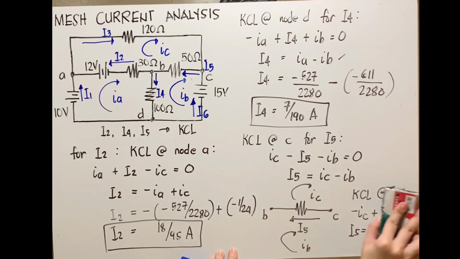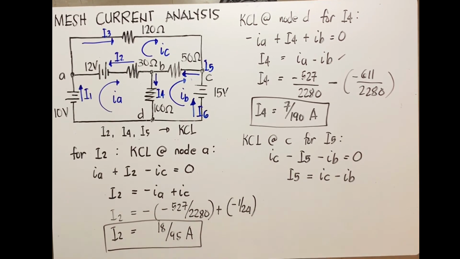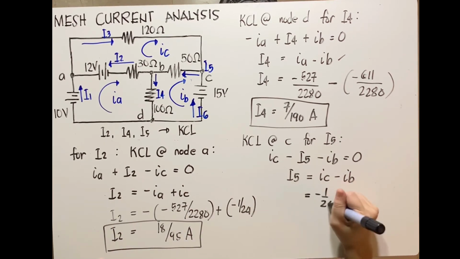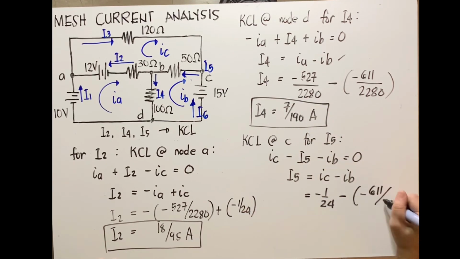Okay, let me erase this para ma-solve na natin sa I5. And substituting the values that we have solved. So, IC is equal to negative 1 over 24, minus IB is equal to negative 611 over 2280.